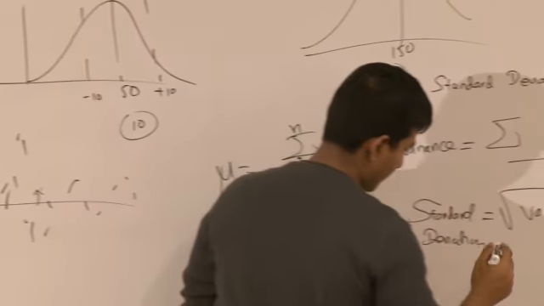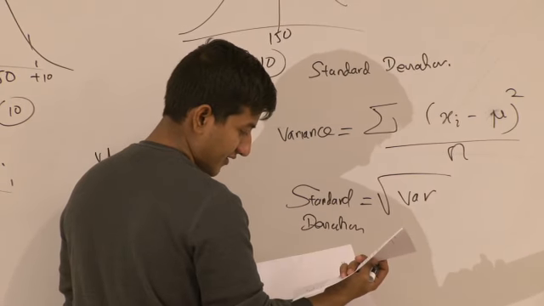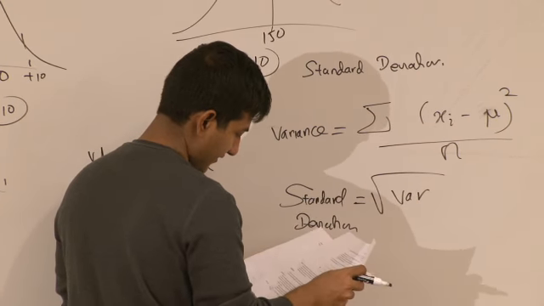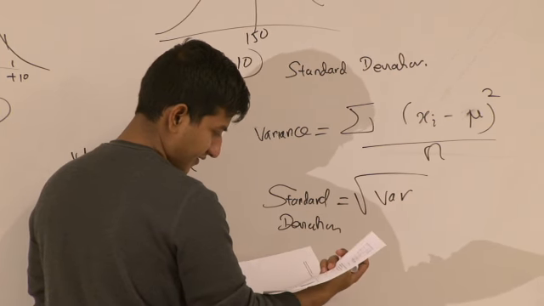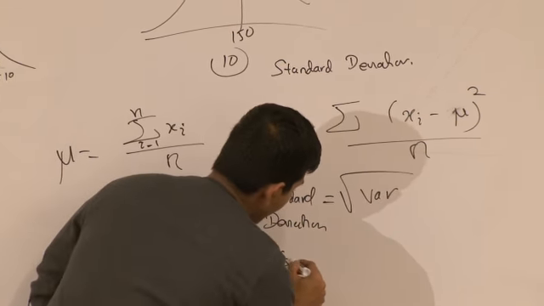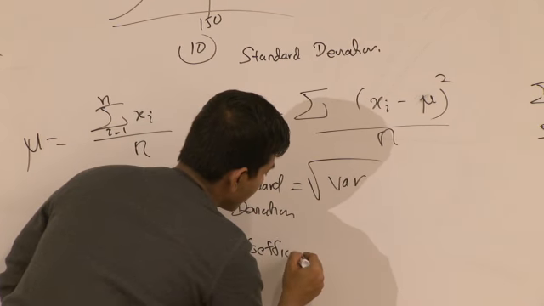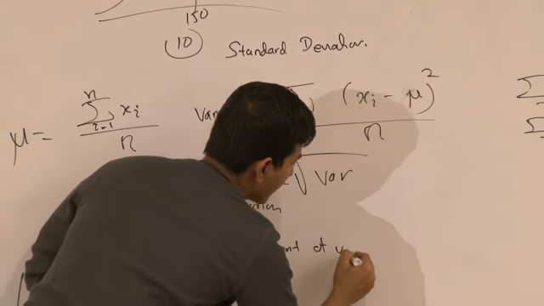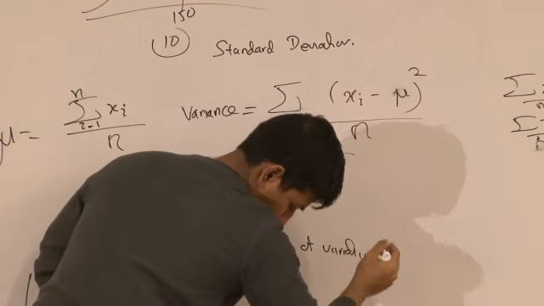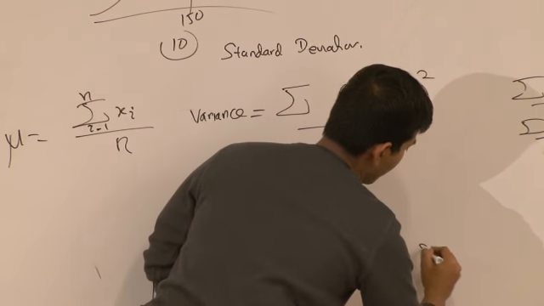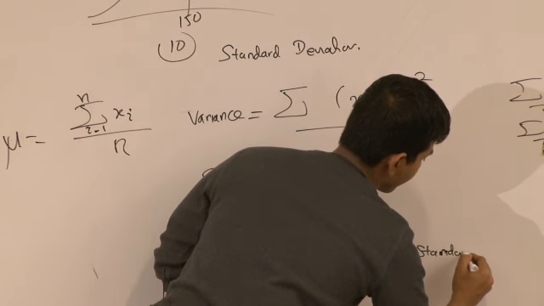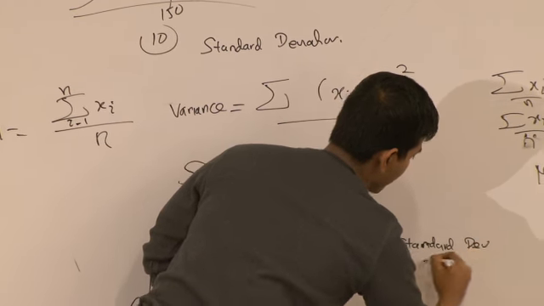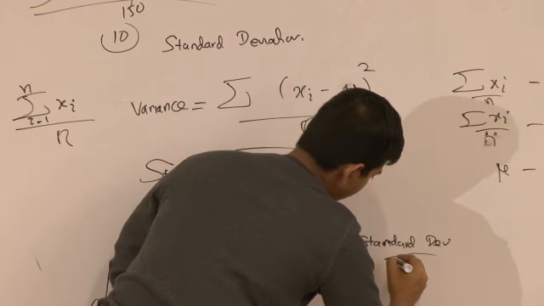So we represent it by coefficient of variation, which is equal to standard deviation divided by mean.